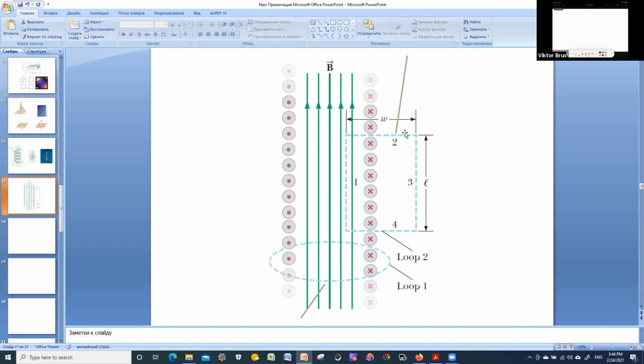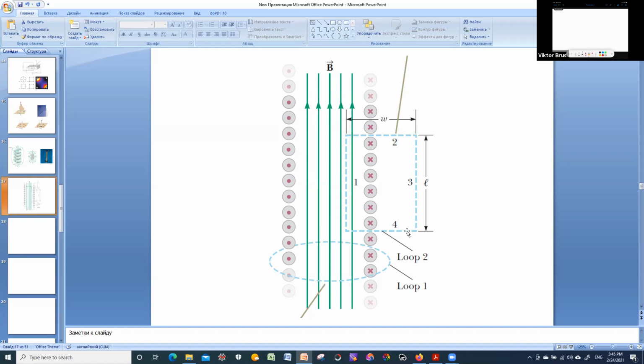The same is true for the integral along side 2 and side 4 of this closed loop.